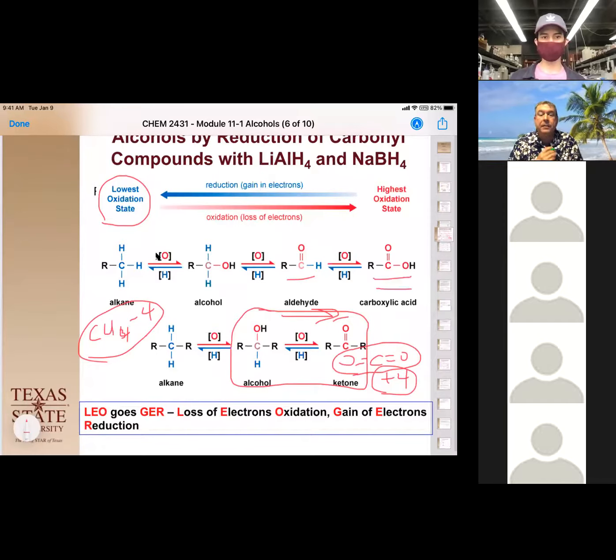Carboxylic acids are going to be in the +3 range. So we're going to take those higher, more oxidized materials and reduce the carbonyl down to the alcohol. That's the next step: adding 2 hydrogens across your carbonyl double bond gives you that reduction to alcohols.